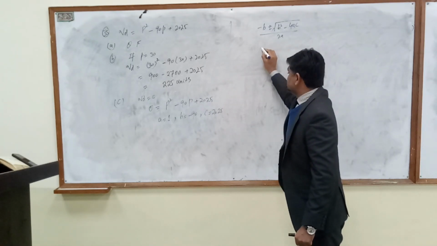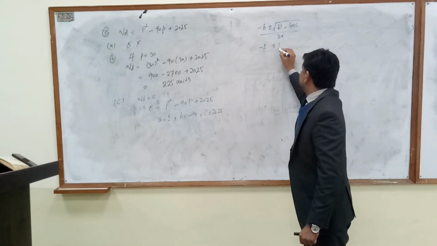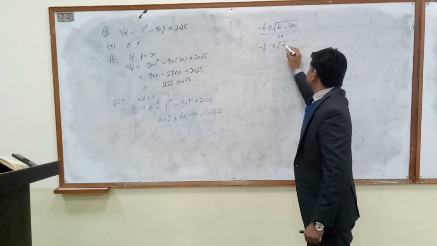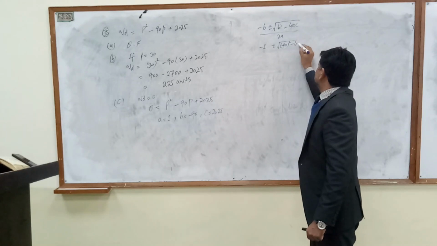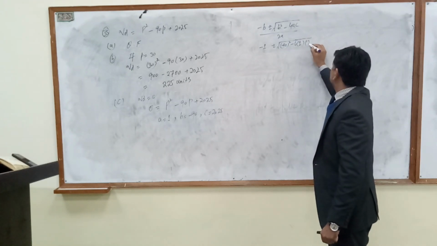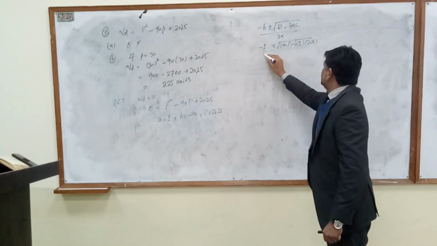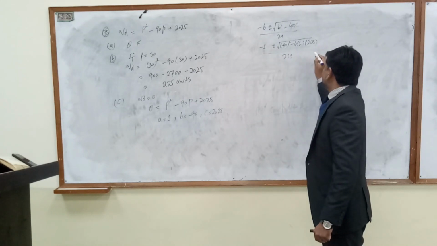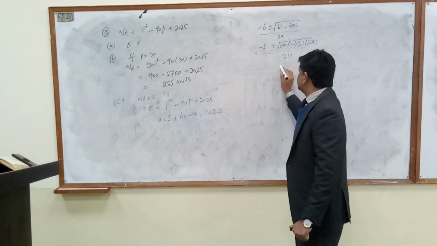Minus 1 plus or minus, B square is 90 square, minus 4 into 1, A is 1, C is 2025, divided by 2 into 1. We can simplify.